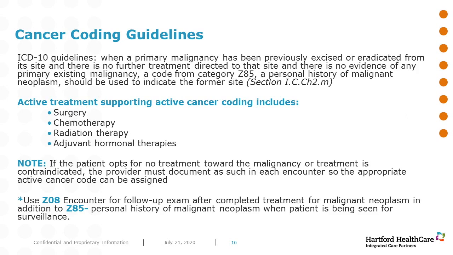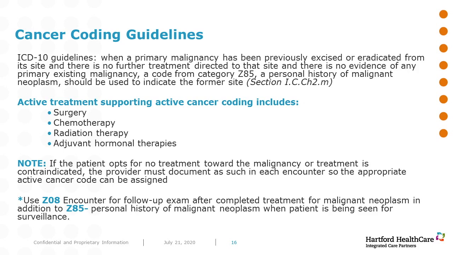To code for an active diagnosis of cancer, we should have surgery date, chemotherapy treatment, radiation treatment, or adjuvant hormonal therapies. If a patient opts out for no treatment towards the malignancy or treatment is contraindicated, the provider must document it as such in each encounter so that the appropriate active cancer code can be assigned.